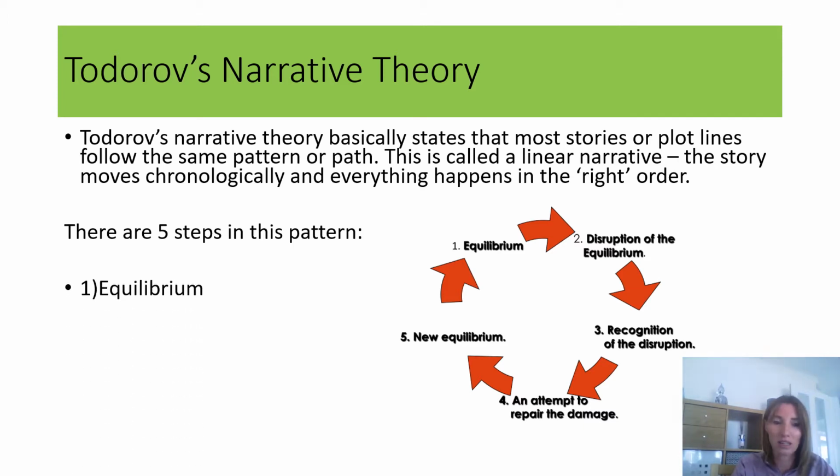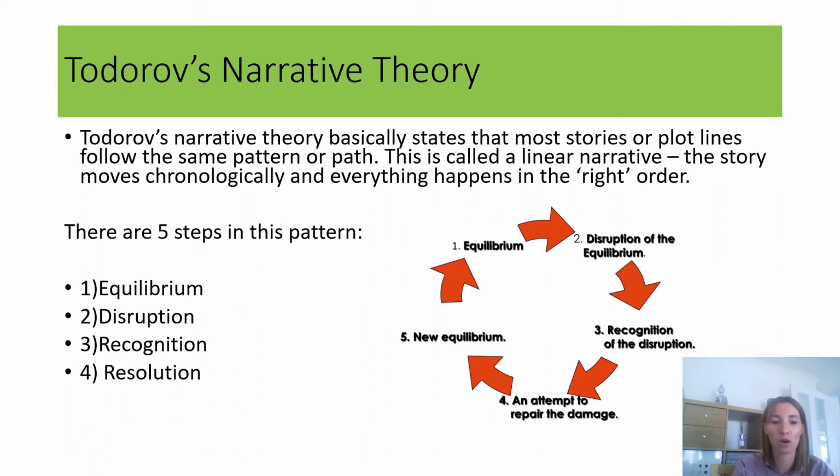Step 1 is the equilibrium. Step 2 is something called disruption. Step 3 is recognition, step 4 resolution, and then you've got step 5, which is new equilibrium. It might be worth drawing this little diagram on your piece of paper to help you remember and understand.